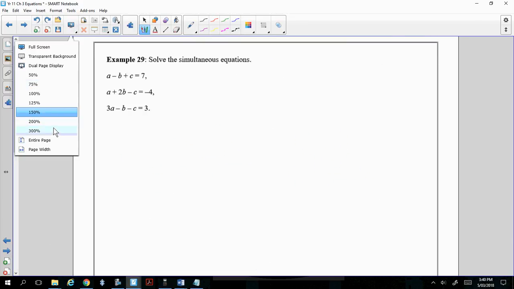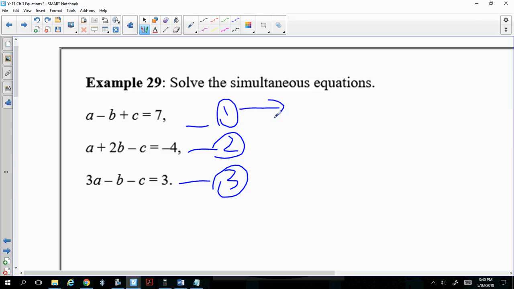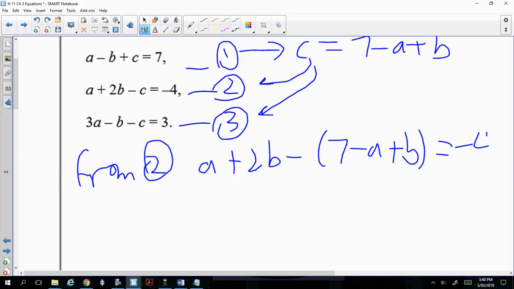Alright, call them 1, 2, 3. So, make c the subject like before: c equals 7 minus a plus b. Substitute that into 2 and 3. So from 2, a plus 2b minus 7 minus a plus b equal to negative 4. That is a plus 2b minus 7 plus a minus b equal to negative 4.